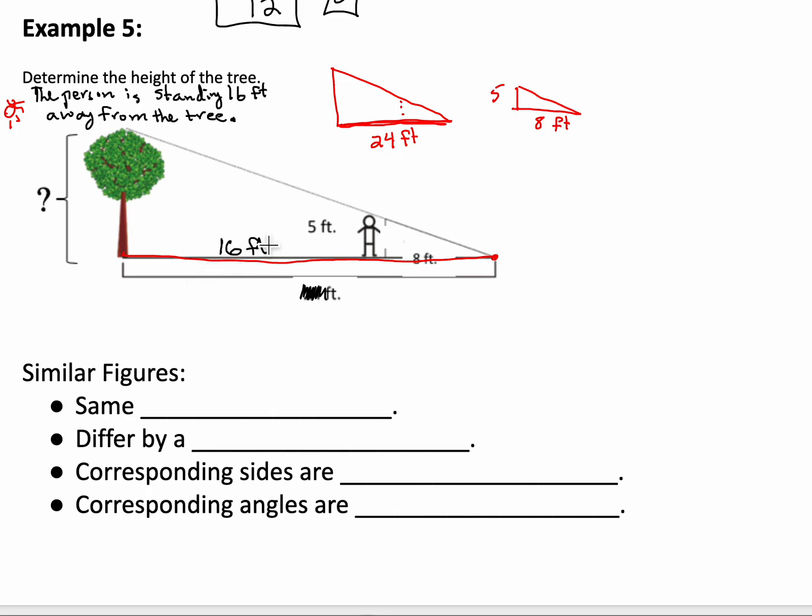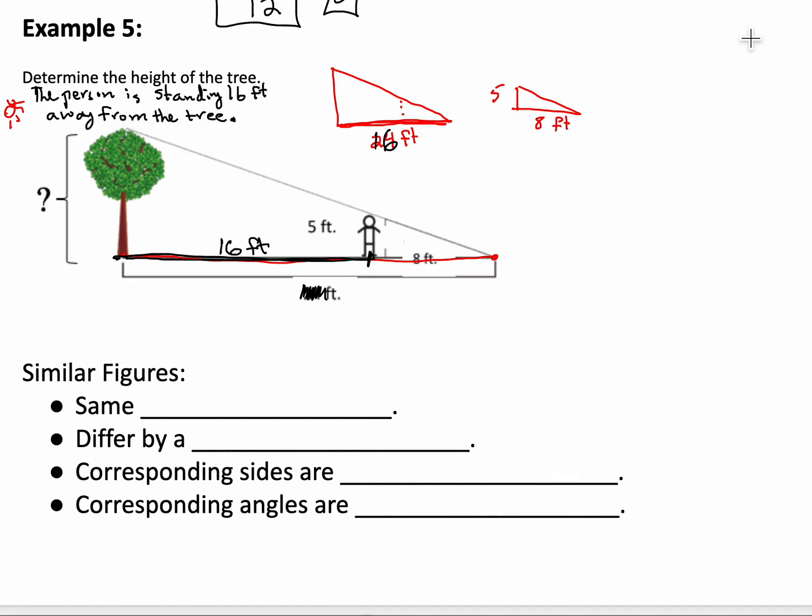And a lot of times they won't put it in, they'll leave it in the sentence, but they won't put it in here. So that's our job to put it in, and that goes right to here is 16. Now, a common mistake is to put 16 right here because that's what's given, the 16 feet.